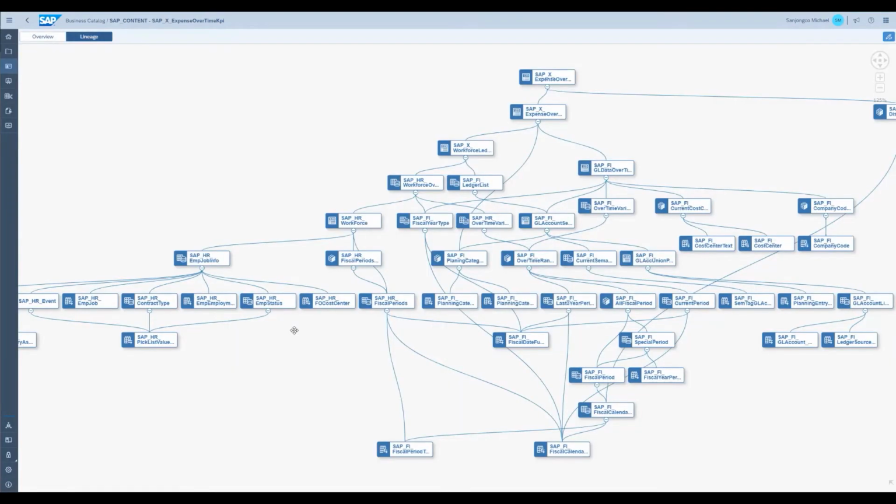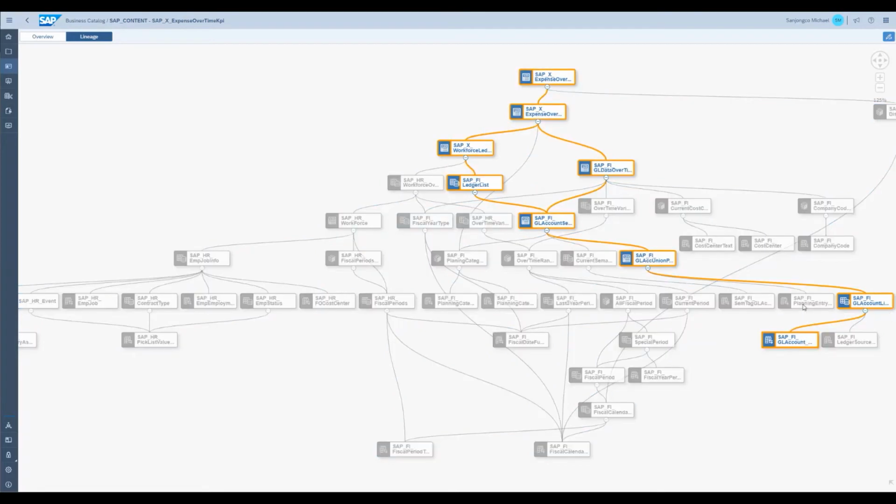Further, SAP Data Warehouse Cloud shows the data lineage, where you can see all the views used, such as general ledger line items and the planning data combined with the HR tables, which support the cross-application analytics needs. The users can also produce their own data models using the data builder.